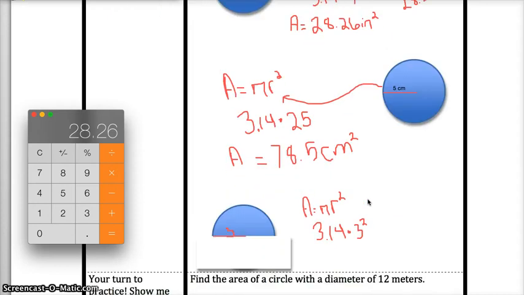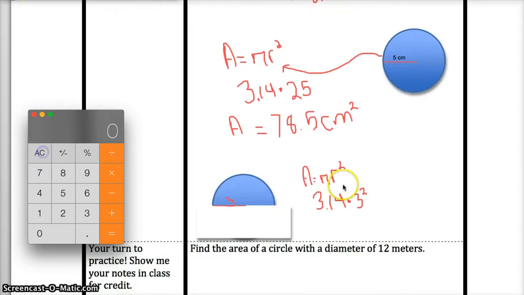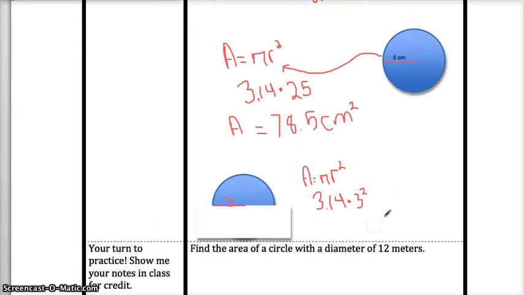Oh, did we do this already? Oh, we did. Sorry. And let's go ahead and write that. 28.26. But do we need this whole entire circle's area? Because remember, this is the area for the whole circle. Do we need that whole area, or do we just need half of it?